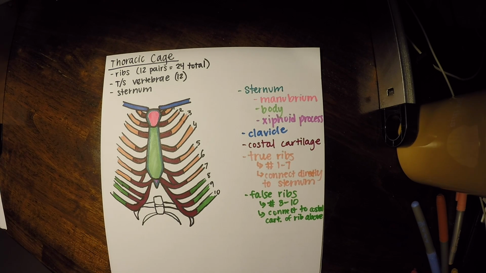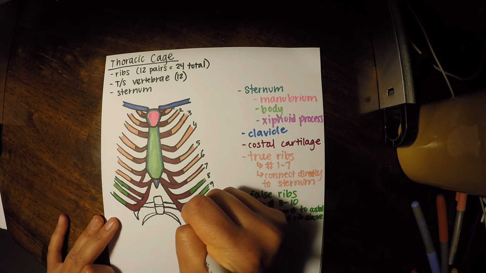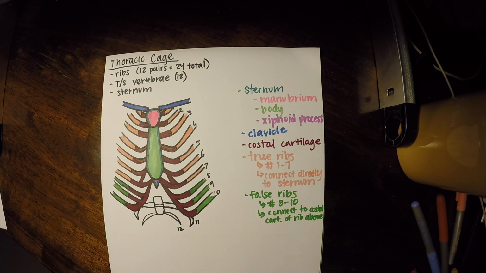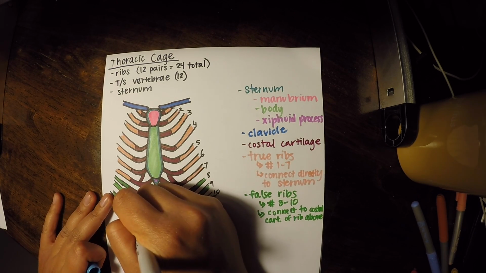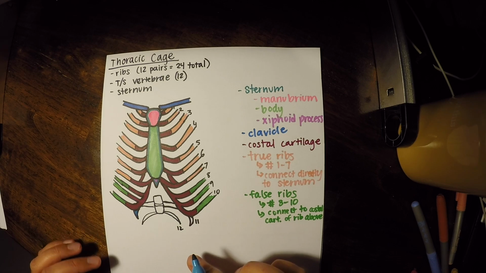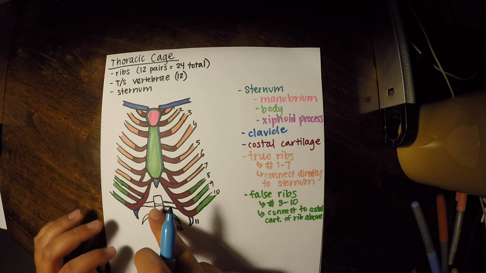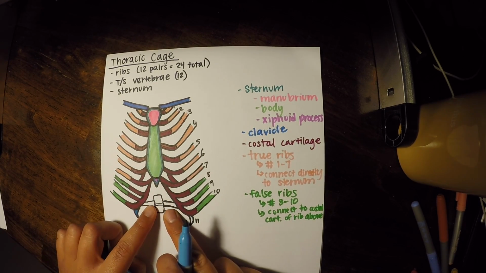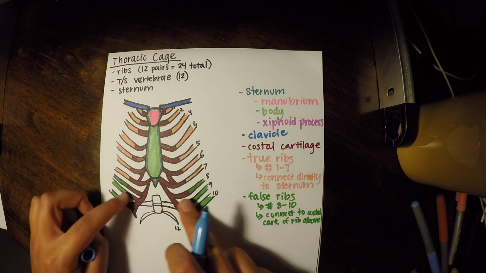Now we have 2 final ribs to look at, and that's ribs 11 and 12. So let's color them in blue. So the view of this is a little funky, remember? This chunk of things is posterior, and this is more anterior.